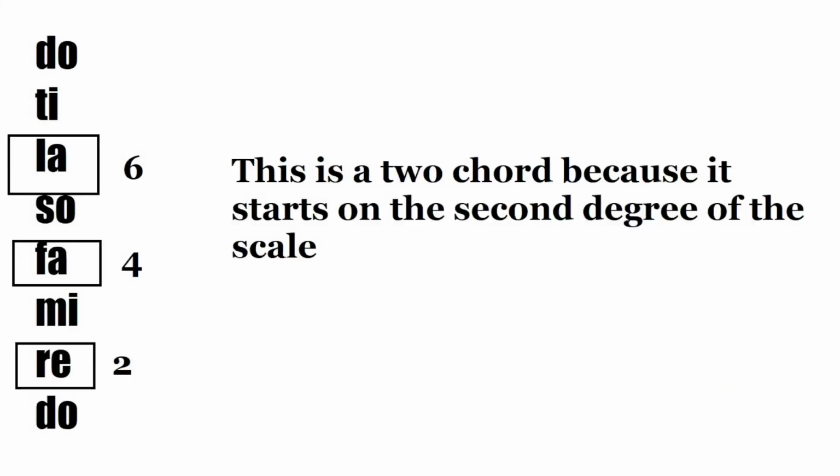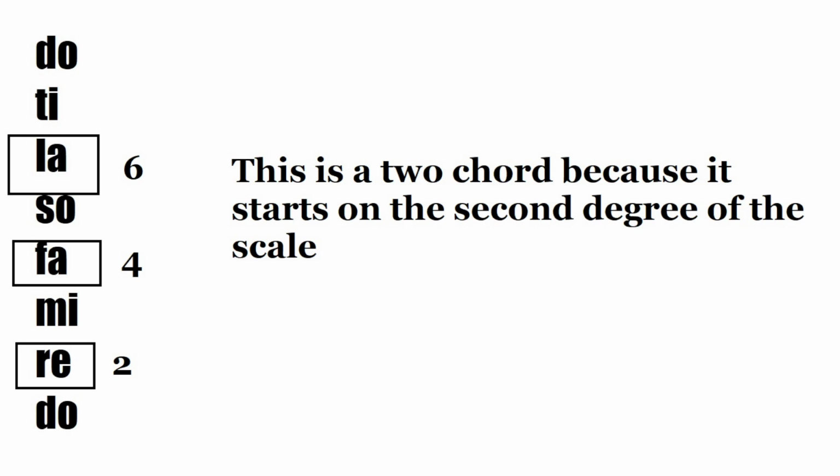Now, if we take that logic and apply it to another chord, say one that starts on re, so we have re, fa, la, fa, re. We know it's a two chord because re starts on the second degree of the major scale.